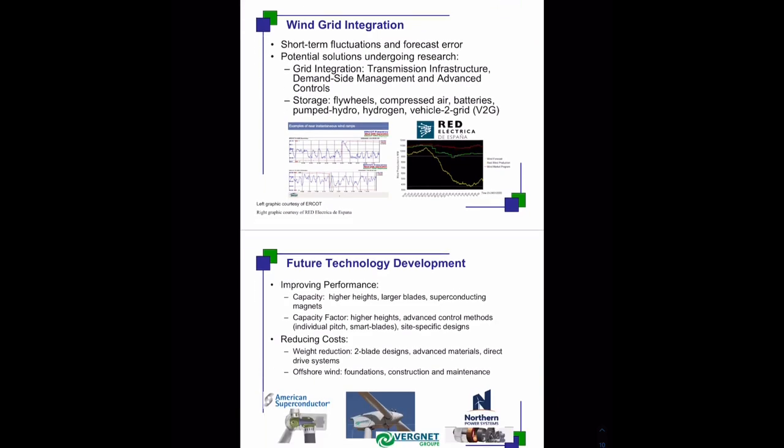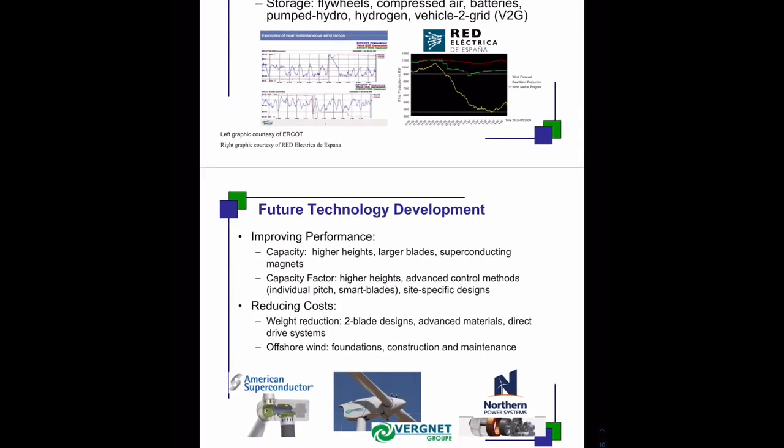Future technology development. If we would like to improve the performance, we can control the capacity or the capacity factor. The capacity is improved by higher heights. We could put turbines in higher heights. We could use larger blades. We could include superconducting magnets.